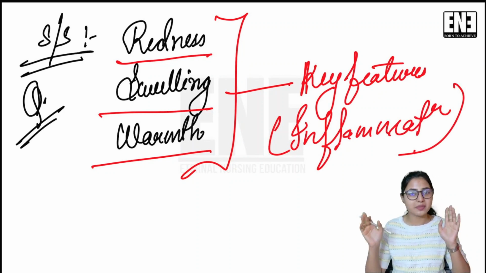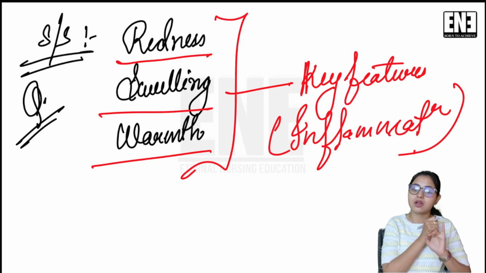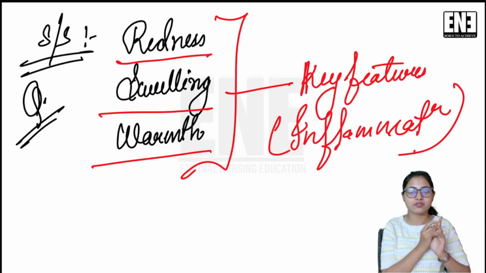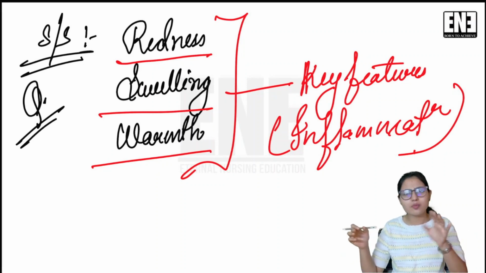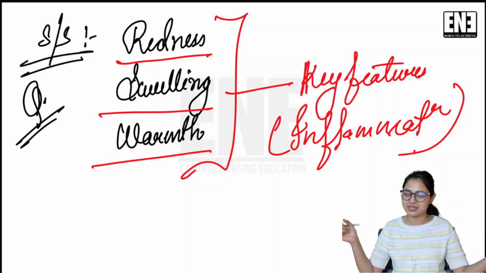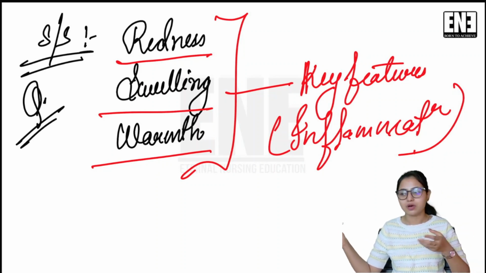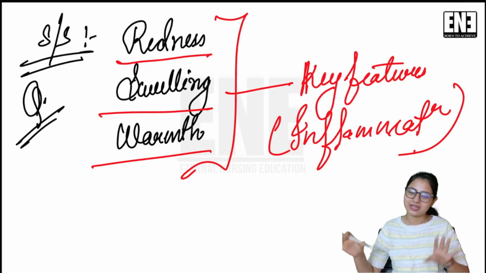So the three basic main features of inflammation or infection begin with redness. With any infection, first of all you will see redness. For example, take the common cold. It is very common; every alternate day a person is getting diagnosed with a common cold. Say you have consumed ice cream in the summer season, and you get a common cold.